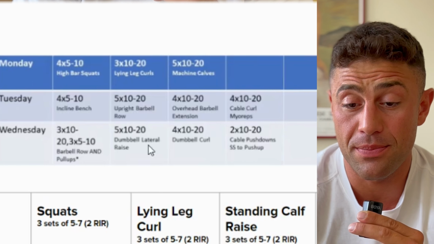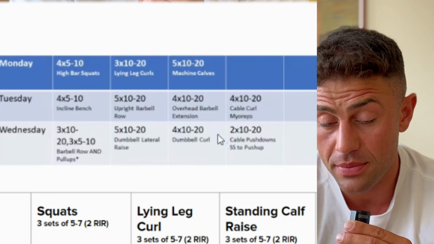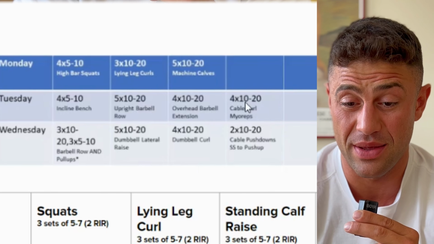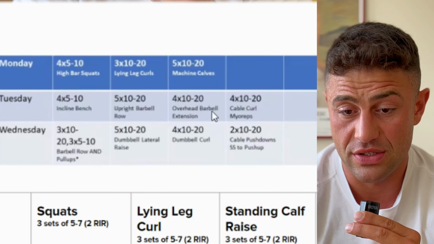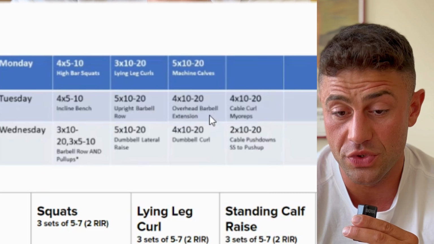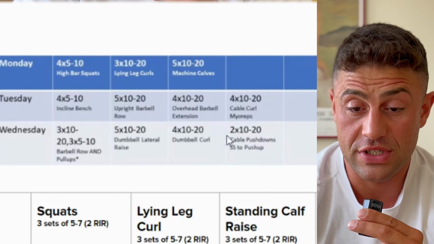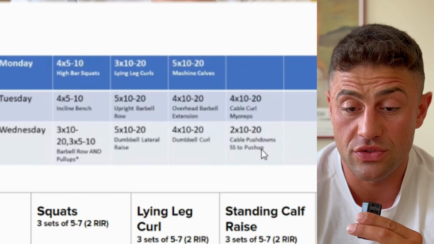The same thing applies to cable curl, myo reps, and dumbbell curls. These two are basically the same thing done 2 days in a row. Same as barbell extension, which I assume is a barbell overhead tricep extension, and cable push down. You're training your triceps 2 days in a row.